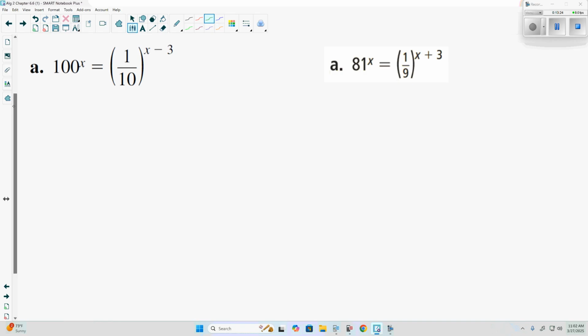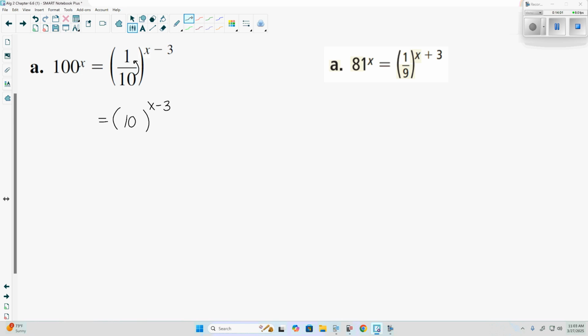Let's look at the next two here. Our next one, 100 to the x is equal to 1 over 10 to the x minus 3. So we need the bases to be the same. We need a way to get the bases to be the same so we can set the exponents equal to each other. On the right-hand side, this 1 over 10, if we can get it away from being a fraction, it's going to be easier to work with. We're able to do that by moving this 10 from the bottom of the fraction to the top.